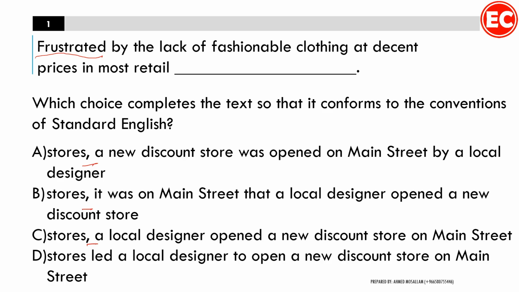The one that doesn't have a comma here is wrong in a way. You have to look at what is after it: a new discount store, it was, or a local designer. So you have to think carefully who or what was frustrated by the lack of fashionable clothing. For sure the answer will be clear for you now.